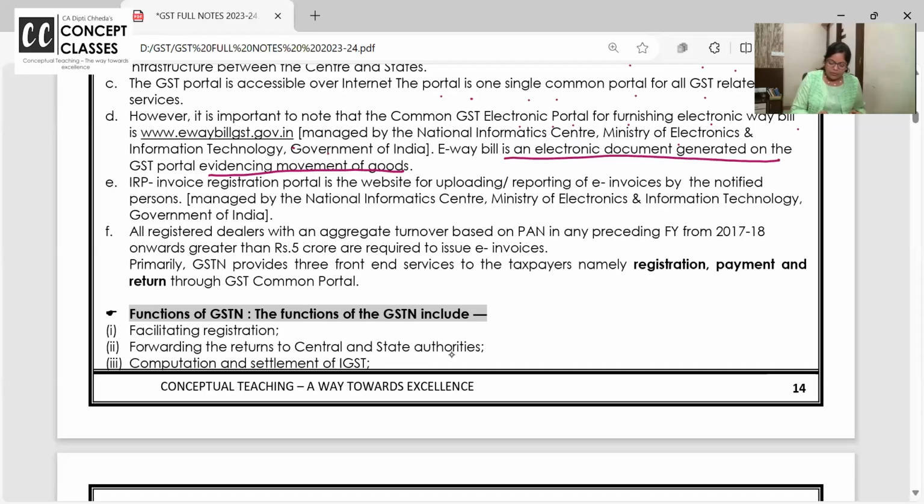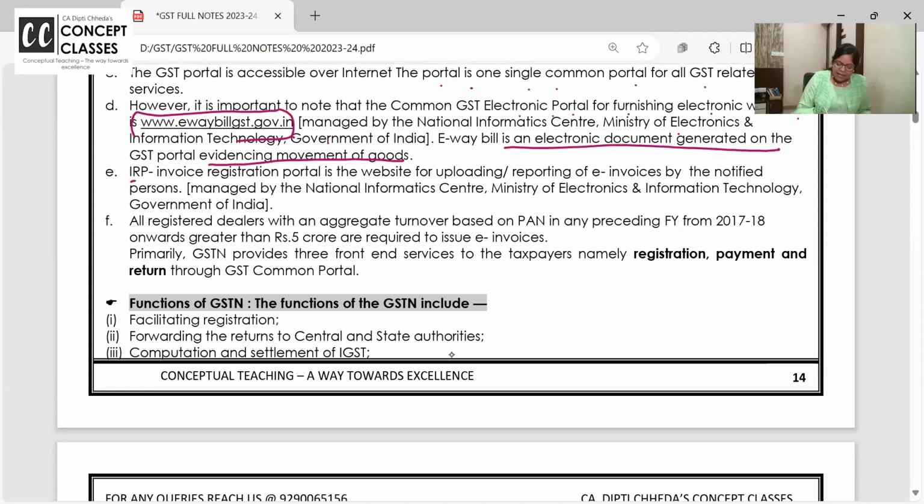So for generating e-way bills, because there is too much burden on one website, it is done through one more website. These are all part of the GSTN network facilities. Next is IRP. Now, one of the painful parts is uploading all the invoices. Why do we need to upload the invoices on the portal? So that if I show sales properly, Mansa can claim the input tax credit.